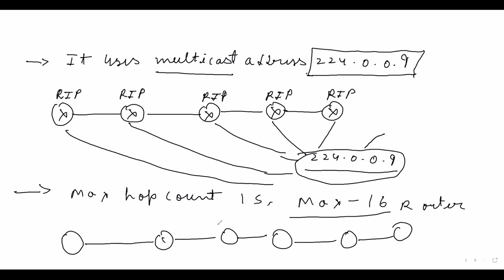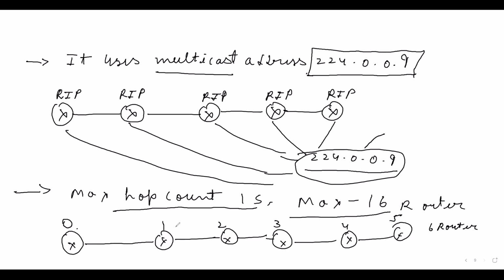So how many routers are here? Could you tell me? That's 6. This is 6 routers. If I talk about hop count, I start from 0: 0, 1, 2, 3, 4, and 5.